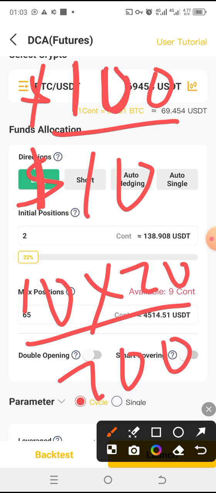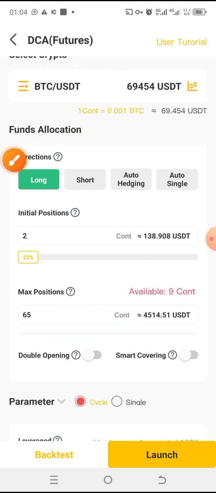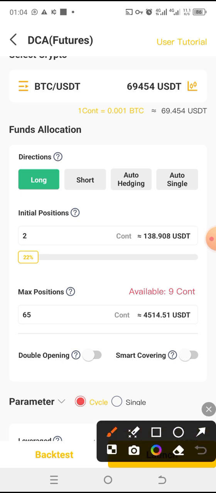But the unfortunate thing is a lot of people will put in their $100 and trade 10x, and when they trade 10x, that means they'll be trading with $1,000. And the coin now goes down, there's no money for liquidity. Why you need to trade at least 10% of what you have is this.